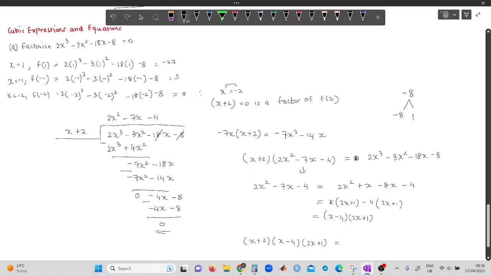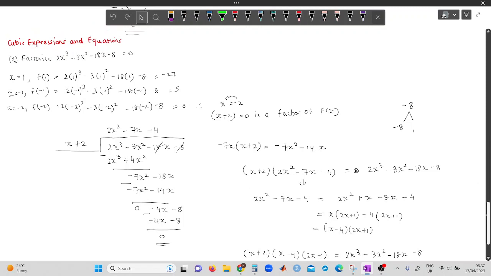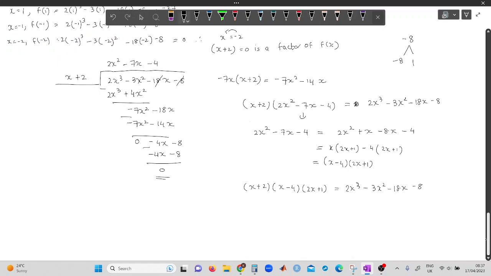Ça, on finit factoriser. This is the same thing. Si on tient là pour expander, tu peux faire la même affaire que 2x cubed minus 3x squared minus this minus 8. OK? Donc, une autre façon de poser cette question, c'est quand les autres, dans la place de factorize, quand les autres solve the polynomial, the cubic expression. Donc, tout simplement, steps là would have been the same.